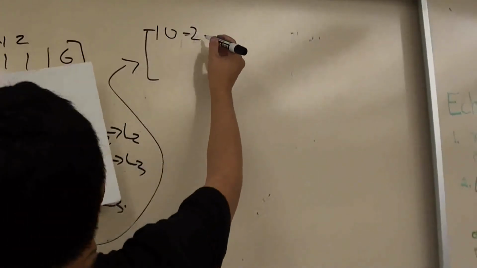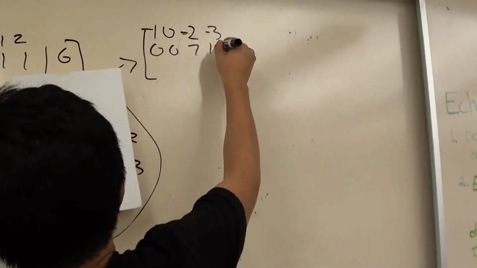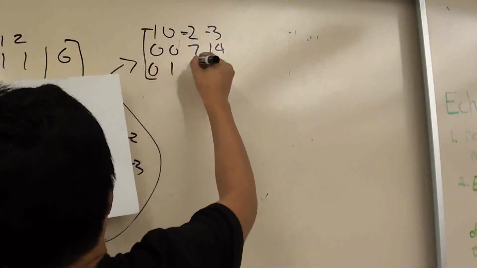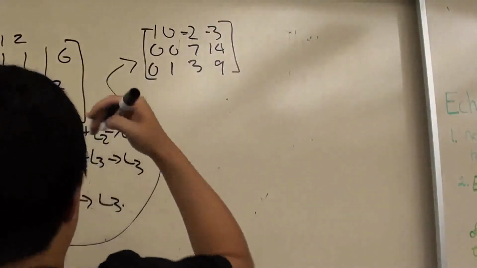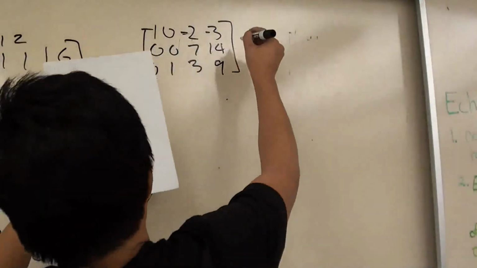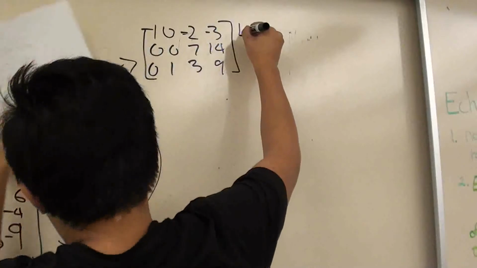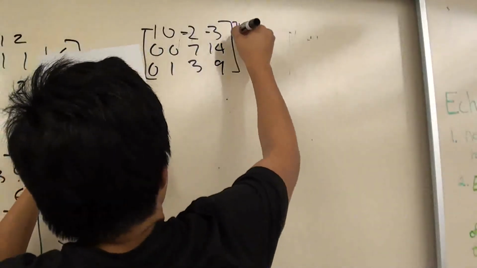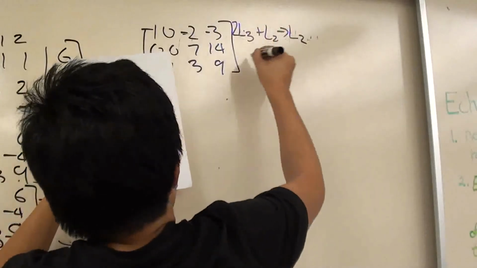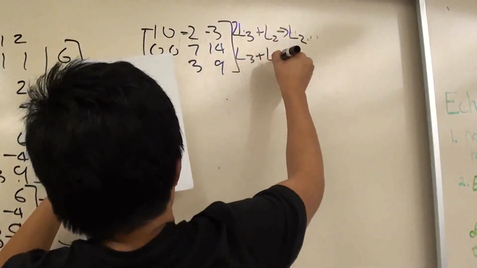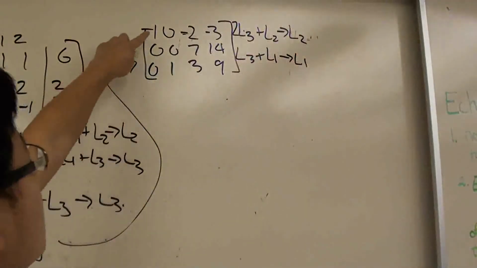Okay, 1, 0, negative 2, negative 3, 0, 0, 7, 14, 0, 1, 3, 9 is good. So I managed to get to there, and how did I get there? I used L3 plus L2 is a new L2, L3 plus L1 equals new L1. So that's what I have.